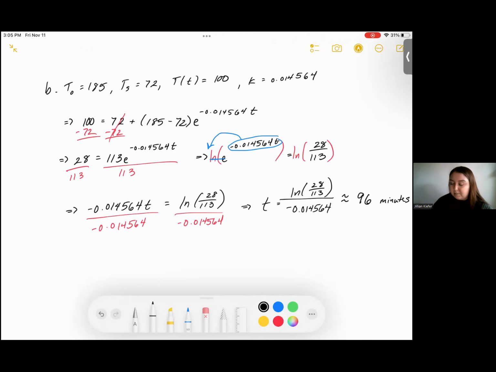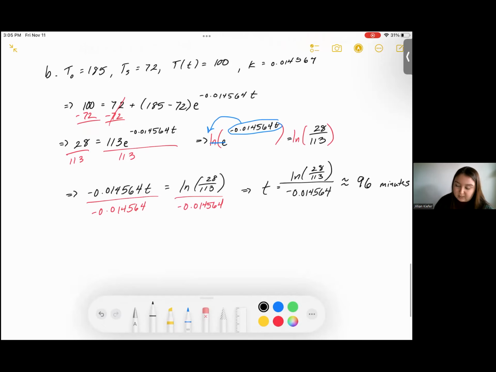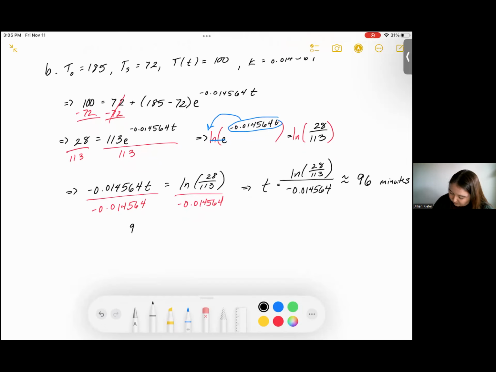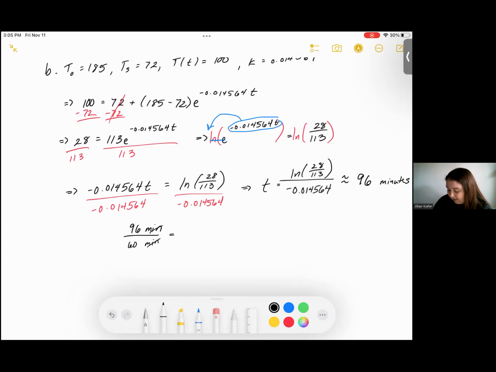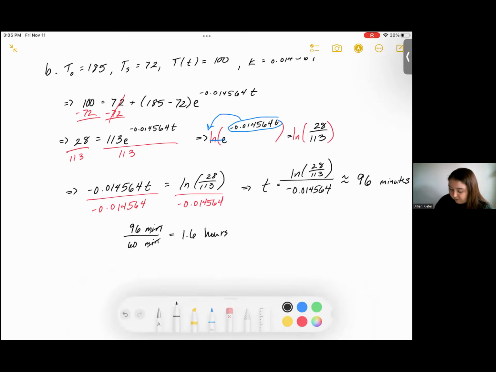So we have 96 minutes. We want to convert this into hours. There are 60 minutes in 1 hour, so we're going to divide by 60. Those will cancel, and 96 divided by 60 gives us 1.6, and this is in hours.